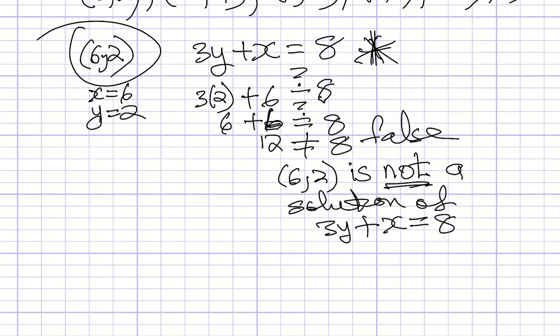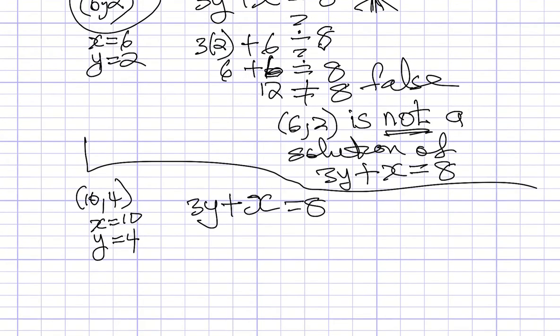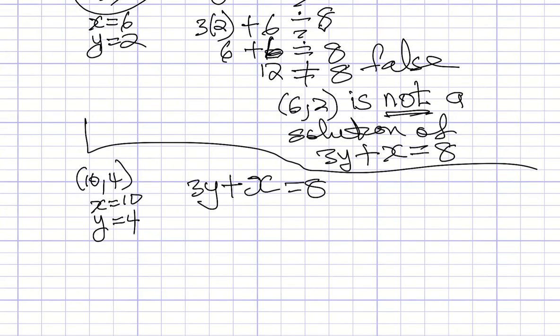The next one is (10, 4). You're given (10, 4). That means x equals 10, y equals 4, right? And the equation is 3y plus x equals 8. Okay. Is that a solution? Well, we'll substitute. 3 times 4 plus 10, is it equal to 8?